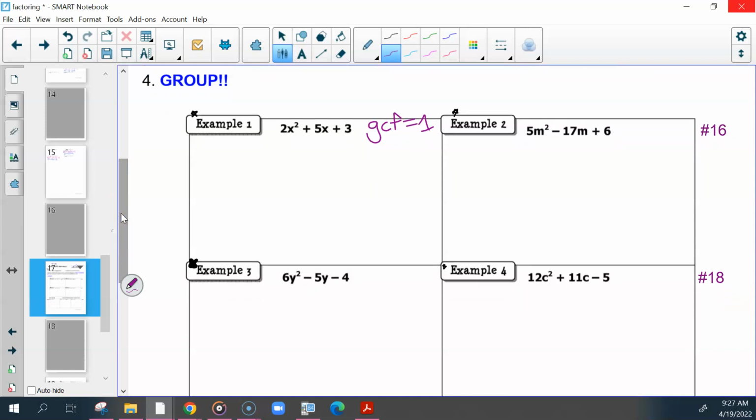The next step, we're going to take the first and the last numbers, the 2 and the 3, and multiply them together. Wait, what about the x squared? We're only doing the numbers, the coefficient and the constant. Not the exponent, but the variable.